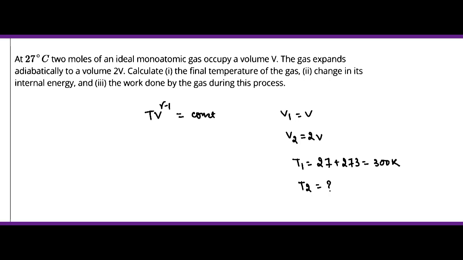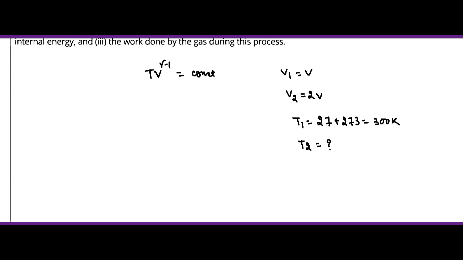Okay, so I am going to apply this equation for the initial and final situation. So it is T1 V1^(gamma minus 1) equals T2 V2^(gamma minus 1). The value of T1 is 300, V^(gamma minus 1) equals T2 (2V)^(gamma minus 1).